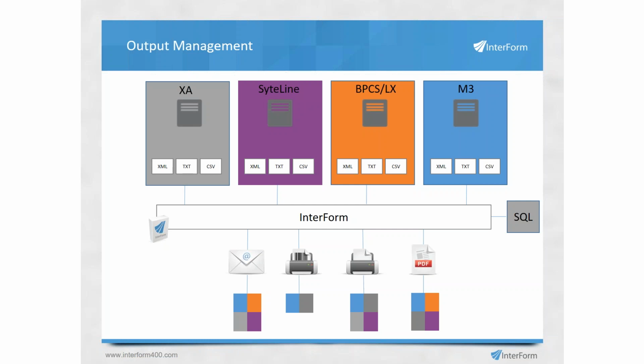As long as I can generate a text file, XML or CSV type of process, InterForm can read it, and you can have one product supporting all your different product lines. So if you happen to have Oracle as a specific ERP as well as XA, you could utilize one form package to do it all versus having several different ones associated with each ERP.